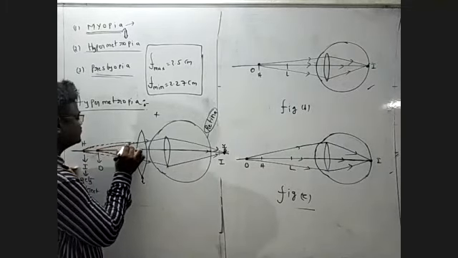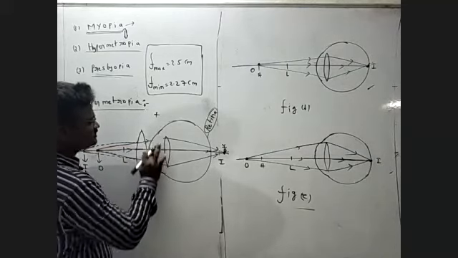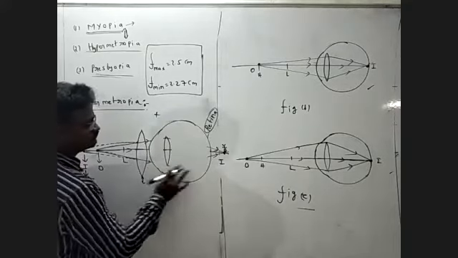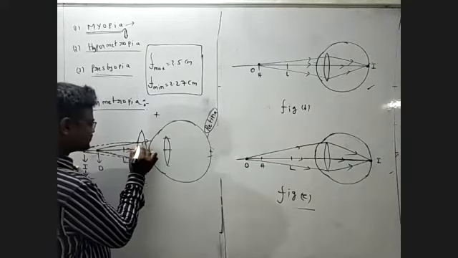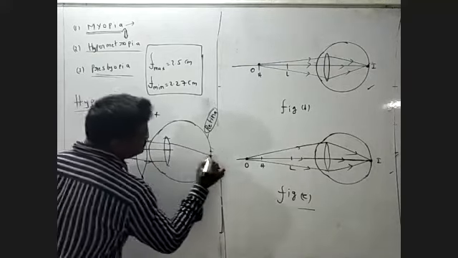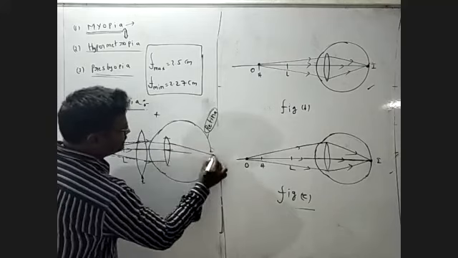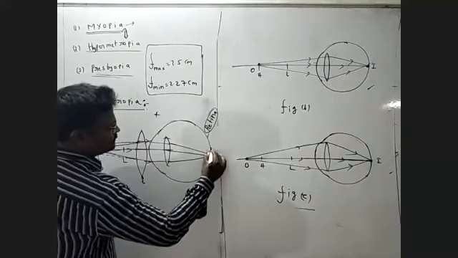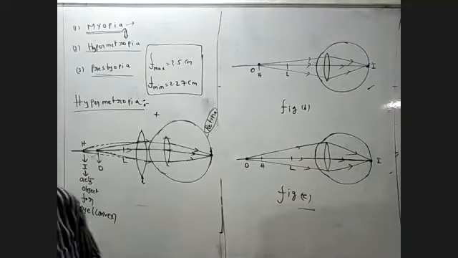This is the image, this is the object. The rays first come here and are convergent. The rays are convergent in this direction, and again convergent. The rays meet at this point.